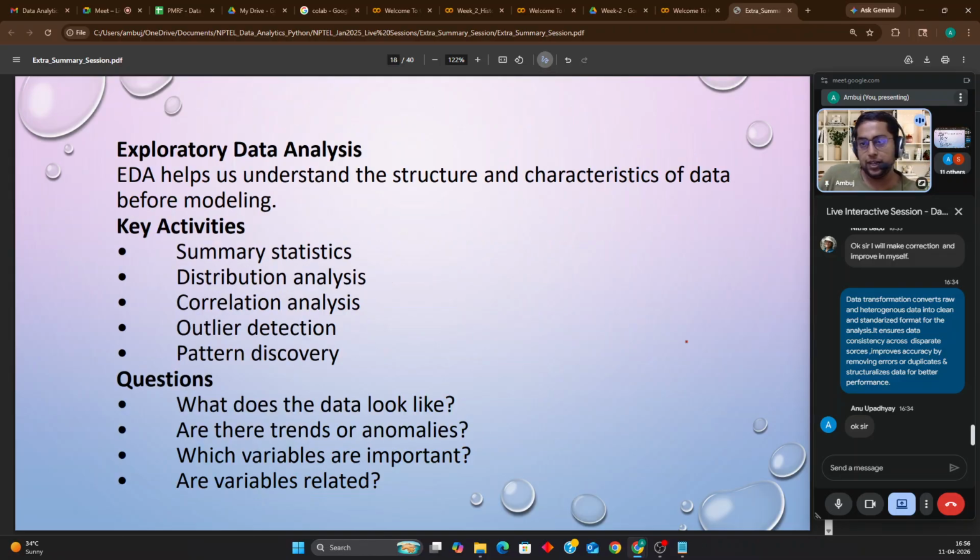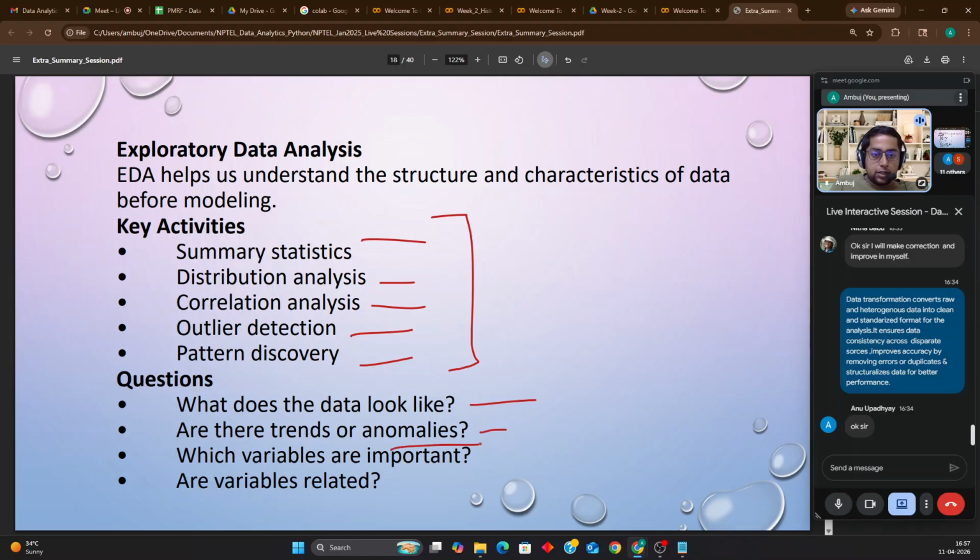In EDA, you can go for summary statistics, distribution analysis, correlation analysis, outlier detection, and pattern discovery. Everything you can do in EDA. Exploratory data analysis questions are: what does the data look like? Are there any trends?